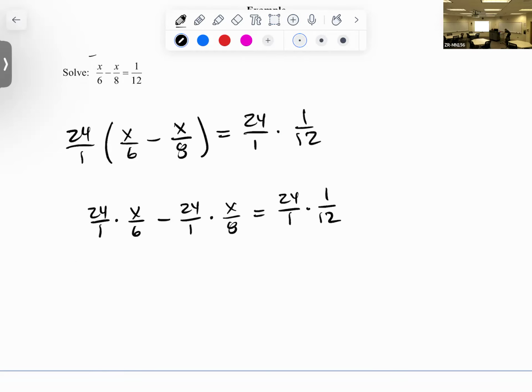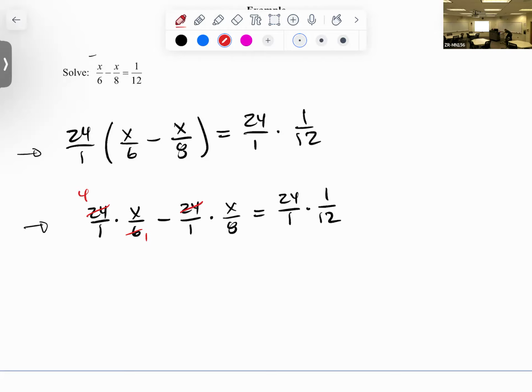It's going to get a little worse before it gets better. And I like this technique the best. Now, the other technique is I could just create the common denominator, that being 24. This technique is nice because notice what's going to happen, 24 and 6.